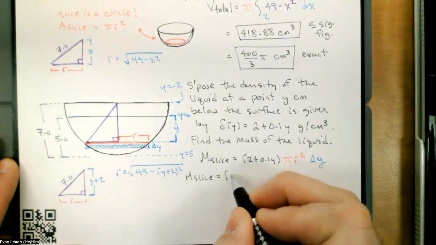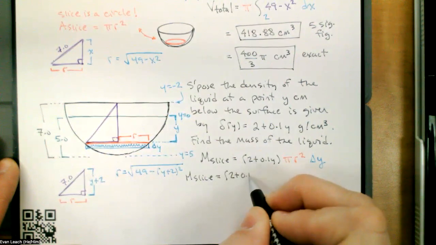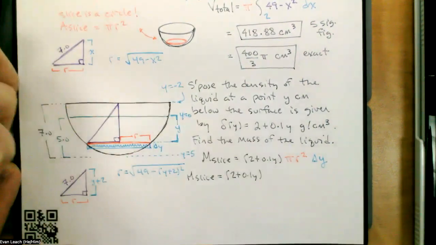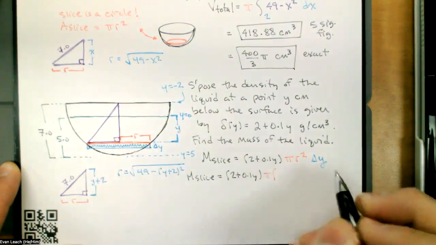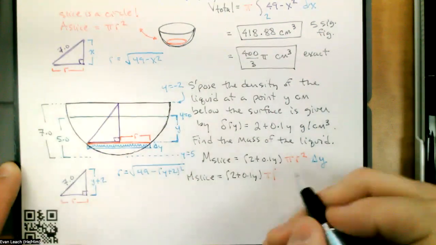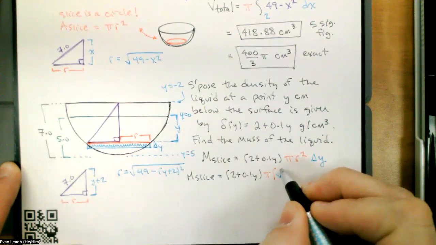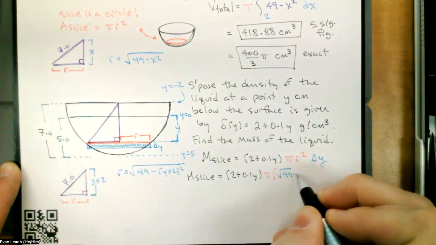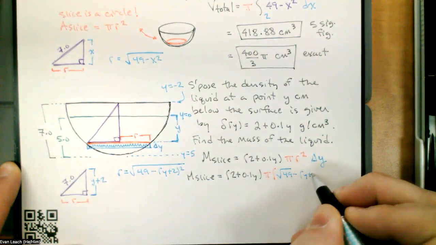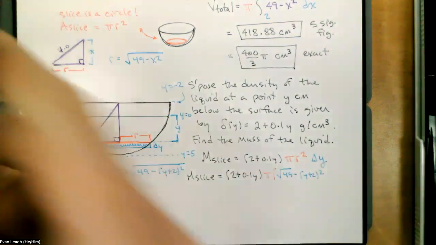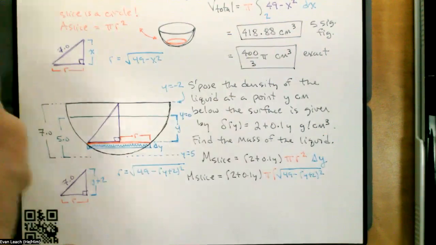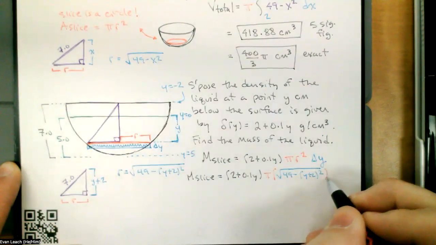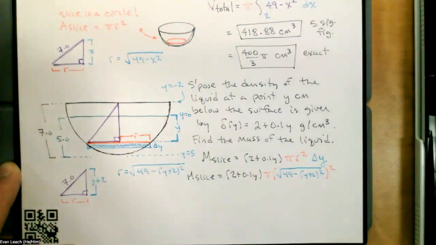So I'll have the density 2 plus 0.1 y times pi times the radius squared times the height.